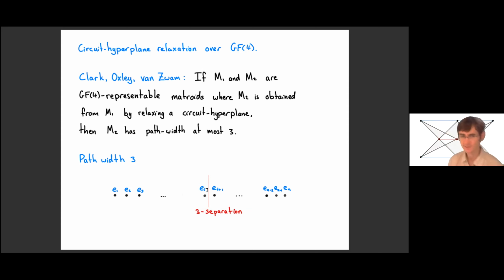But it turns out that this is already essentially a characterization. The opposite of a circuit hyperplane, in the relaxed matroid, you've got what's called a free basis. A free basis is a basis that you can relax into a circuit, or you can tighten into a circuit. So if you have a GF4 representable matroid with a free basis, the tightening of that to a circuit hyperplane is going to be GF4 representable if and only if your matroid had path width 3.